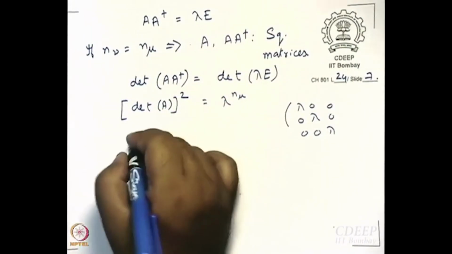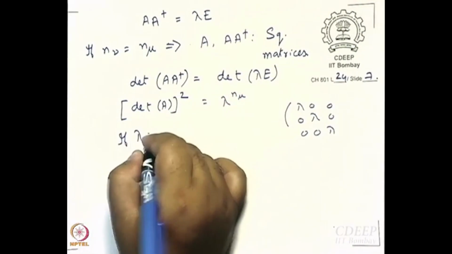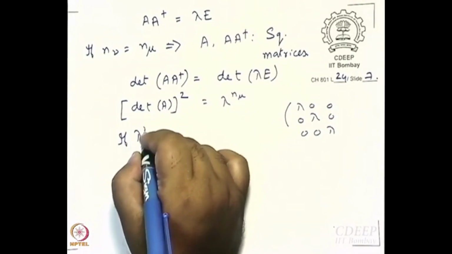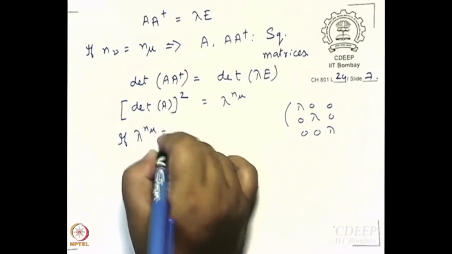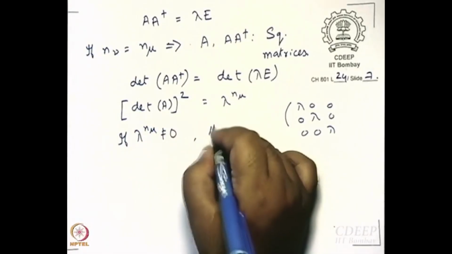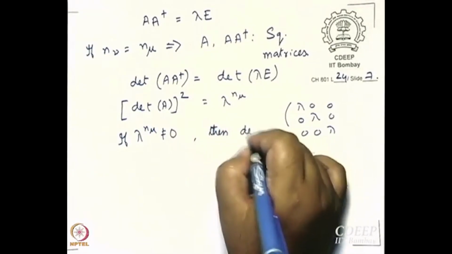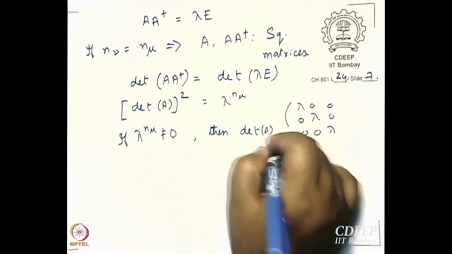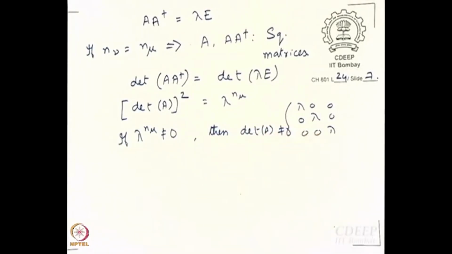So, if lambda is non-zero, lambda to the power n mu is non-zero, then det A is also non-zero, right?